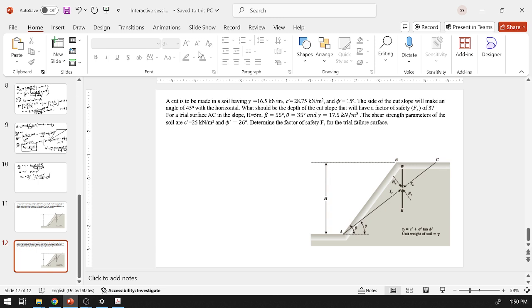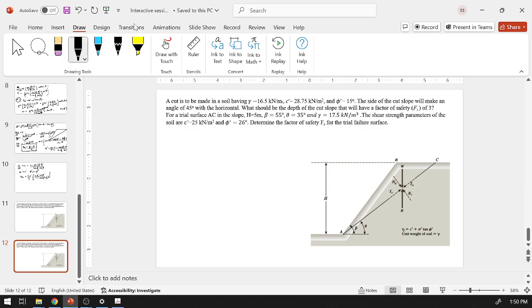Let's try to do that. The average shear stress we just saw how to calculate.